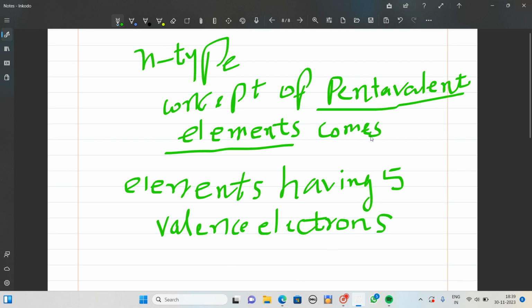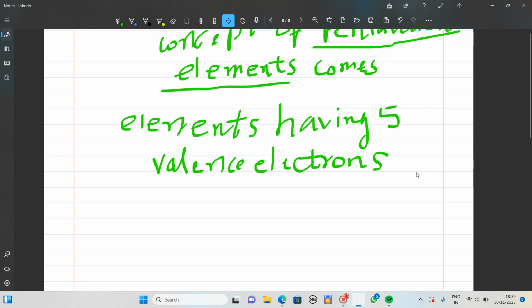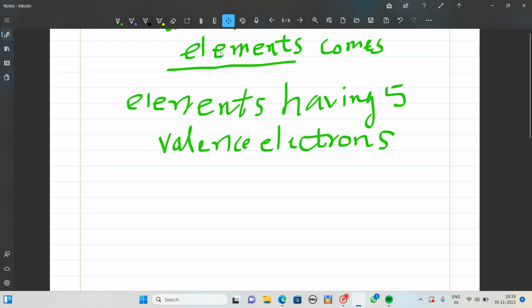So the pentavalent elements are phosphorus or arsenic.